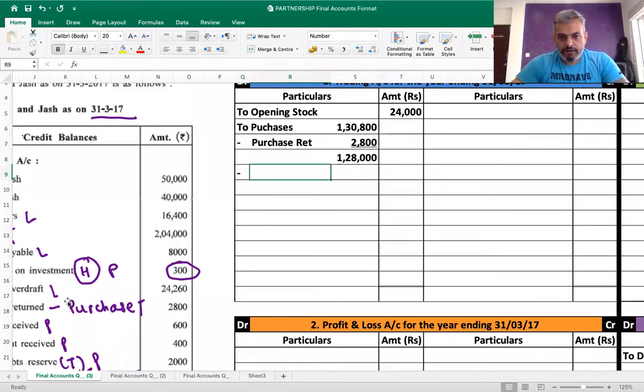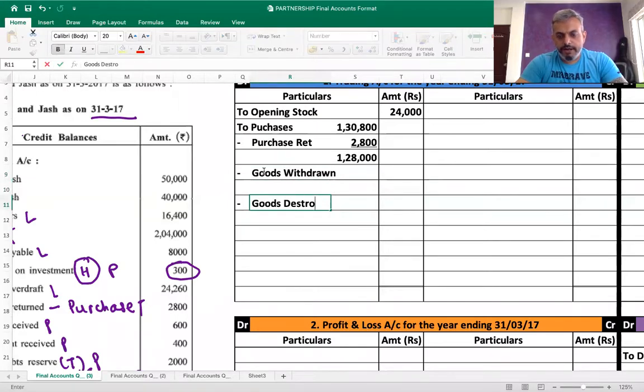One is for goods withdrawn and one is for goods destroyed. So later on, if you want, you can write over here: goods withdrawn and goods destroyed. If you don't write, it will also work.